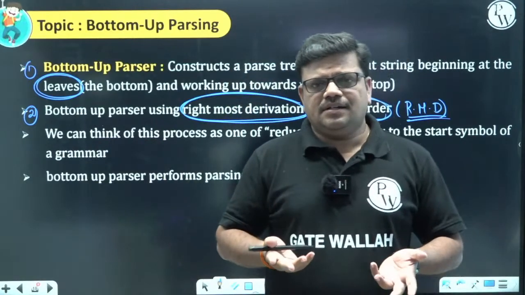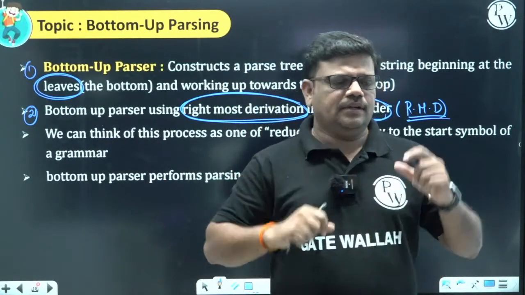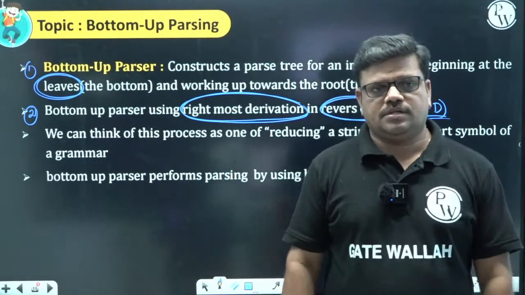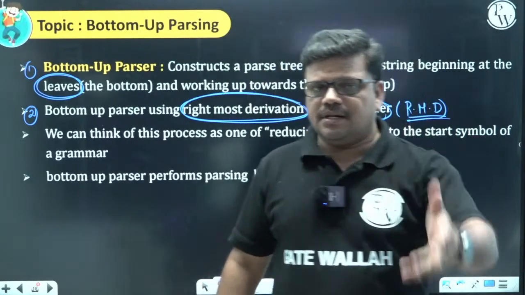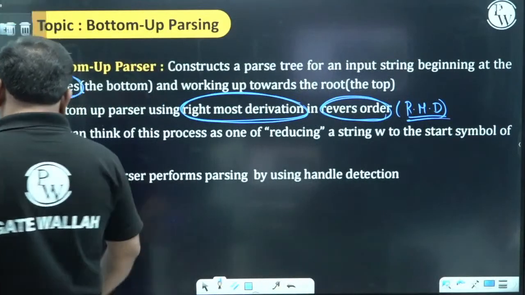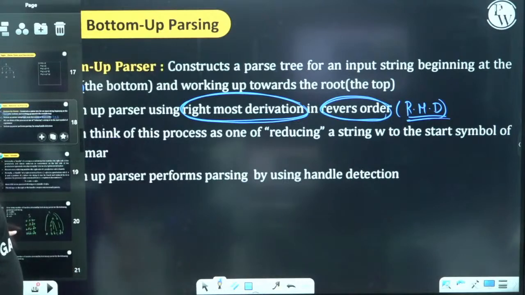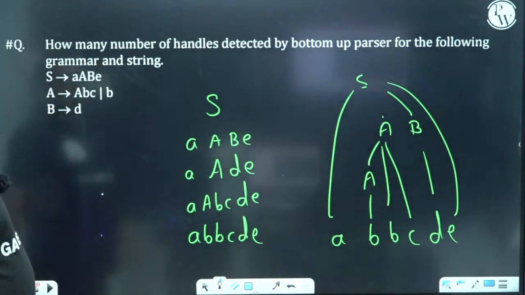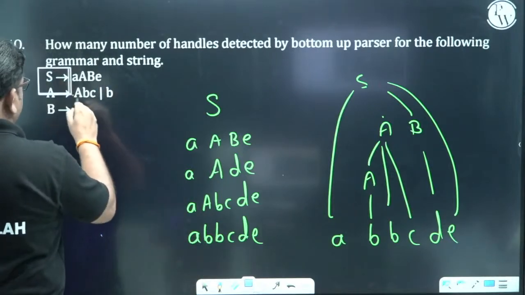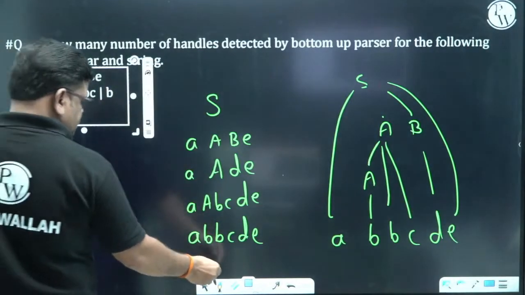What is parsing generally? Once a grammar is given, and one string is given, we check whether the given string is generated from the given grammar or not. In top-down, we construct the tree structure and verify. In bottom-up, how? Let us see the working style of the bottom-up parser. Assume I have a grammar like this. This is one of the grammars given.